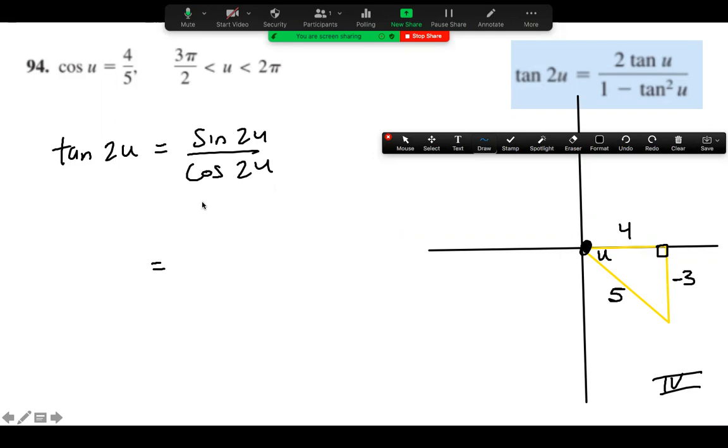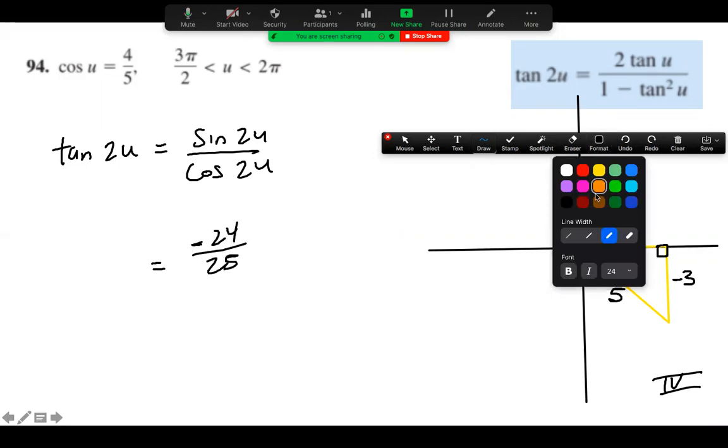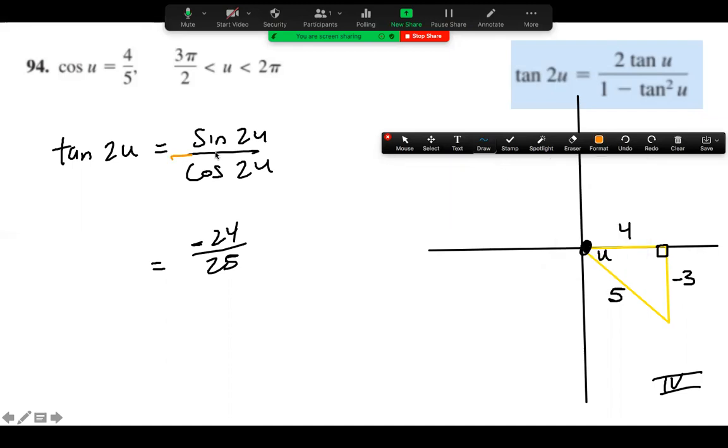We already did this. The sine of twice theta was negative 24/25. Let me put my fraction bar in orange, all right? So here's the fraction bar. The cosine of 2u, we did it about 30 seconds ago, and I believe it was 7 over 25.